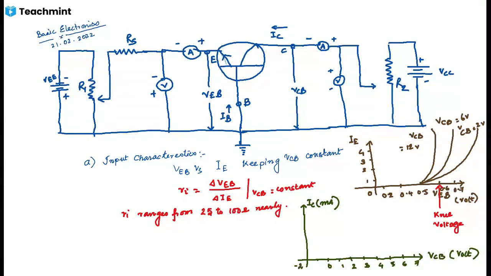This is -2, 1, 3, 4, 5, 6. So like this. And you will see the output characteristics curve like this.